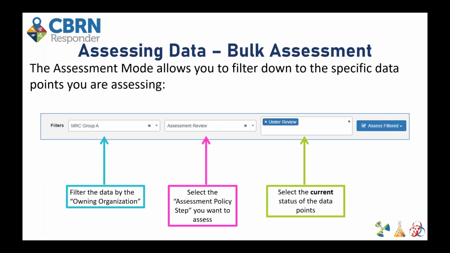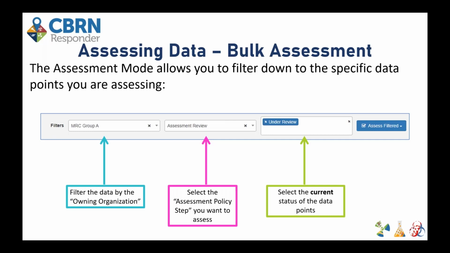So the first filter is going to filter the data by the owning organization. MRC Group A would be the owning organization of the data I want to assess. You will then select the assessment policy step that you want to assess. So for example, if I'm on the field team and I want to assess the field team step, I would select that from here. In this case, it's assessment review.